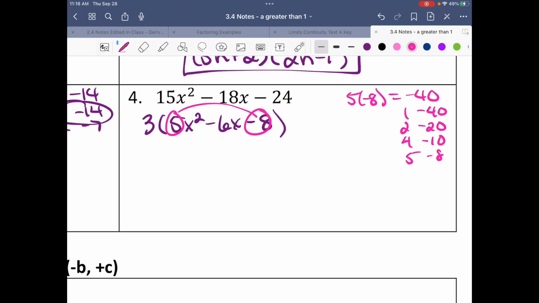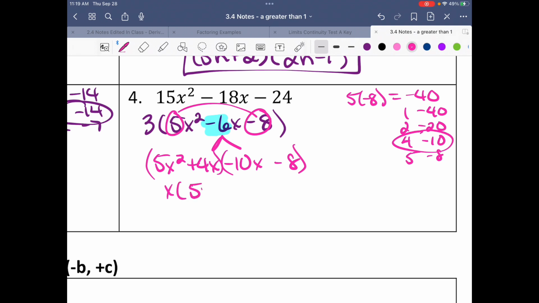The big factor outweighs the small factor here, so the big number has to be negative. And they have to add to be negative 6. So it's going to be 4 and negative 10. Positive 4x, negative 10x. We have negative 8, 5x squared. Again, ignoring the 3 for just a moment.